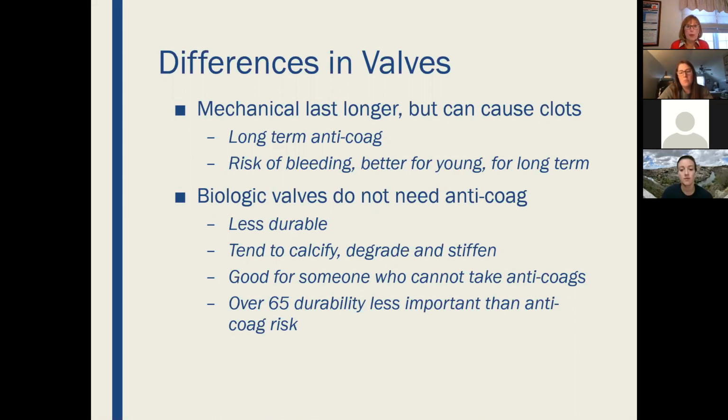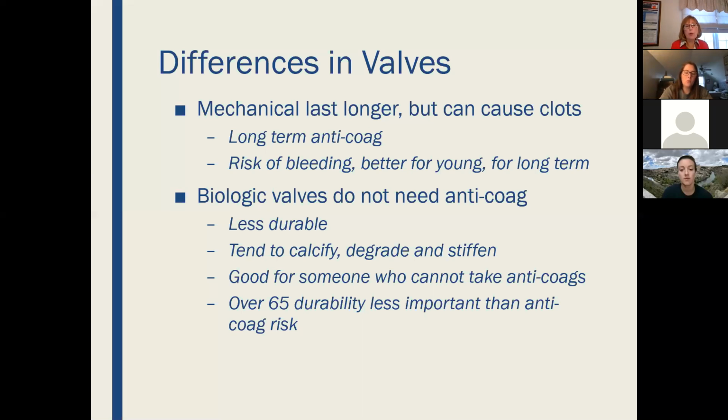So it is good for people like that who have HIT, but also people over 65 typically, where it'll probably be durable. It's new to them, it's a valve in good shape or we wouldn't use it, and it lasting through their lifetime is more important than the anticoag risk to them.